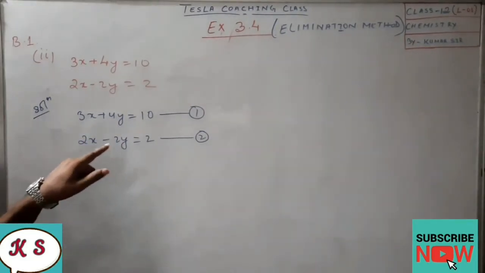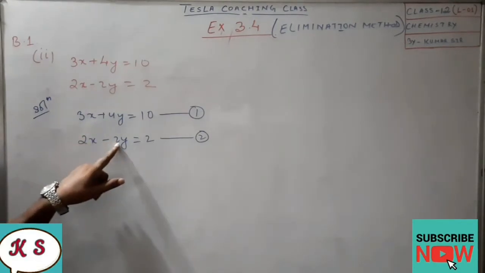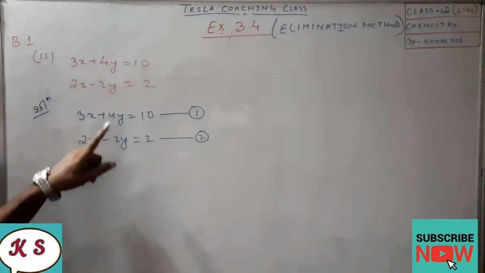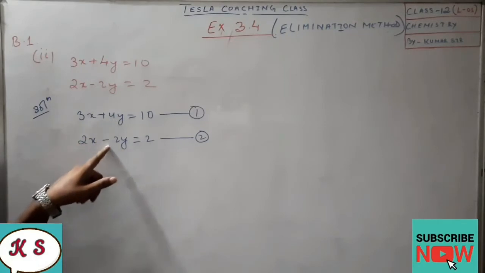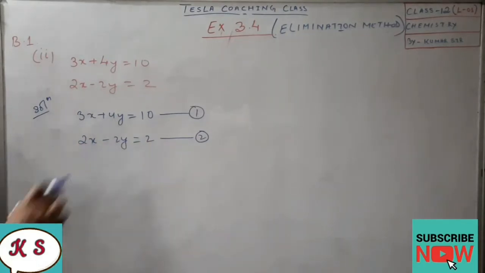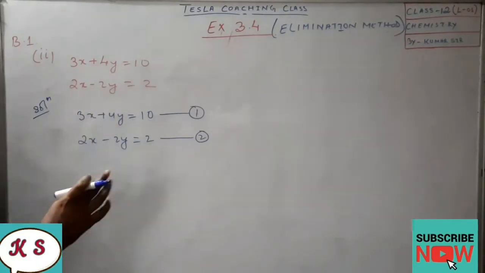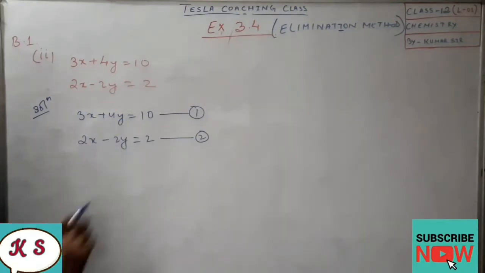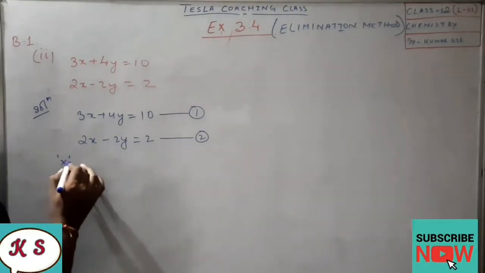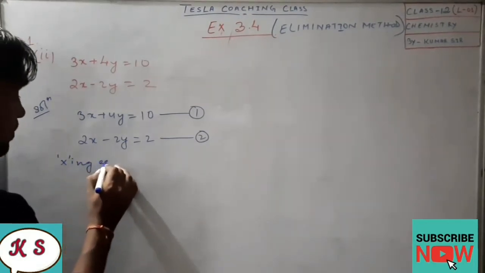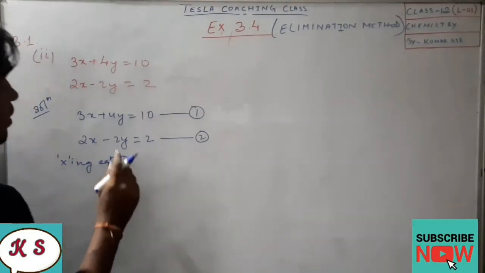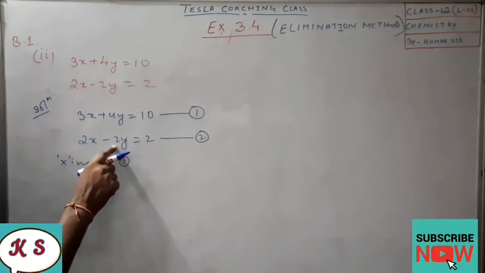How will we eliminate? By multiplying by the coefficient of y. Whatever term we are going to eliminate, the coefficient of that term you have to multiply with the given equation. So we are writing here, multiplying equation 1. What is the coefficient of y in equation 2? 2.